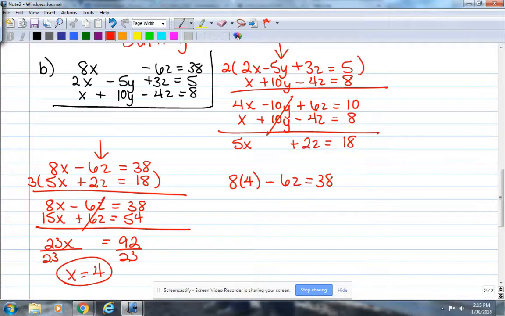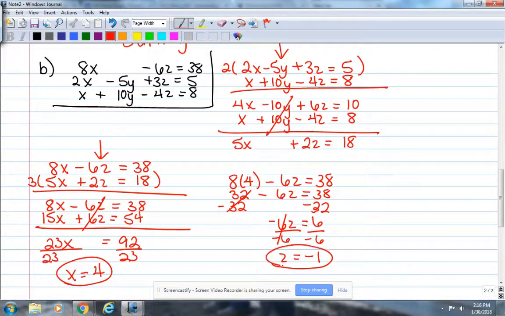What is 8 times 4? 32 minus 6z equals 38. I can subtract 32 on each side. That's really pretty good. So negative 6z equals 6, and I can divide by negative 6, and z equals negative 1. So there's my z.